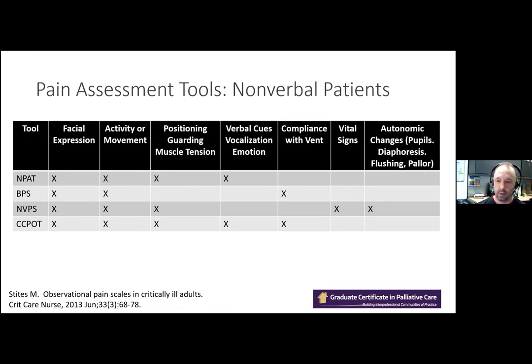palliative care. So, for facial expression, you want to see that someone's face is nice and relaxed, or, if we're looking for distress, you might see brow furrowing, you might see clenching of the jaw. As far as activity or movement, you might see withdrawing, you might see bracing or guarding.